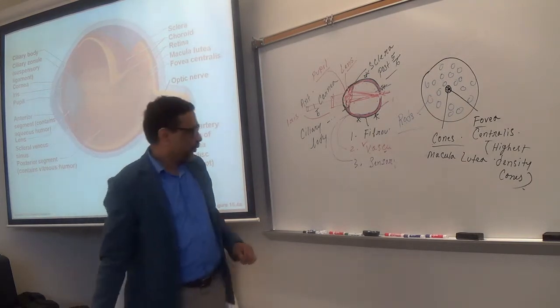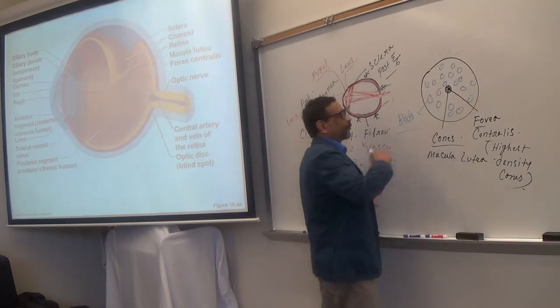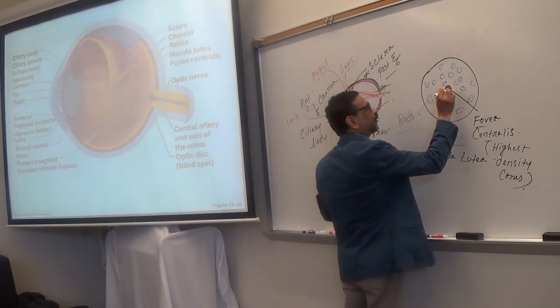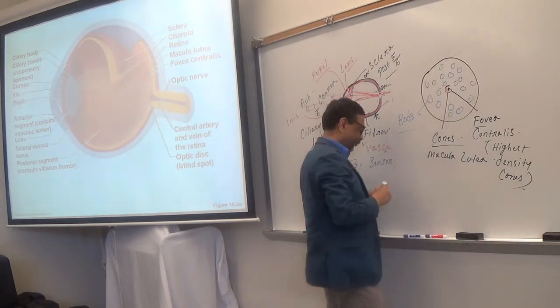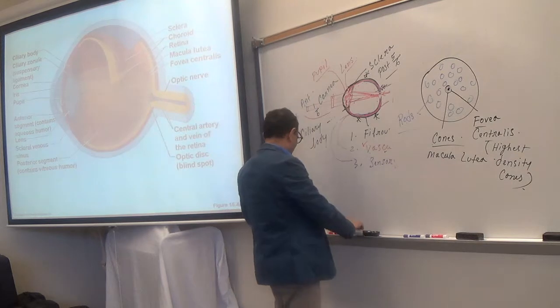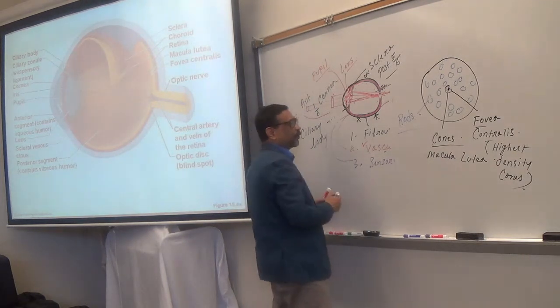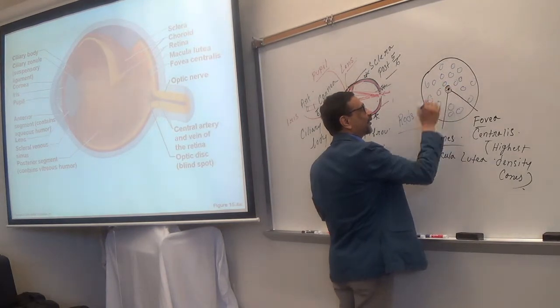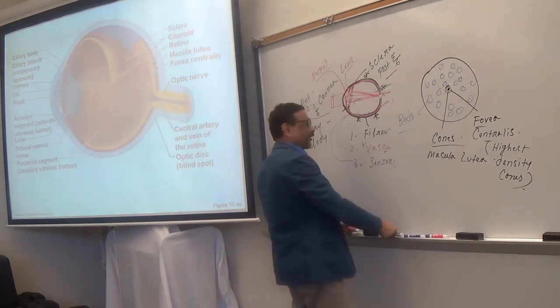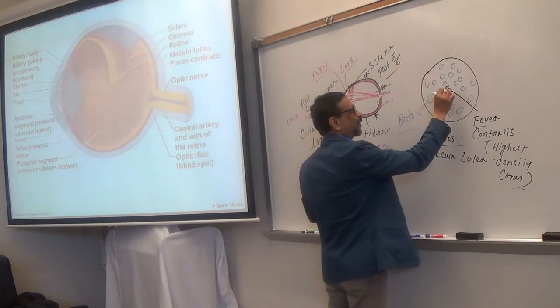Okay? So you have red cones, blue cones, and green cones. RGB.